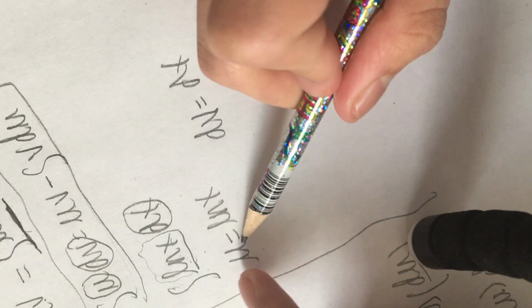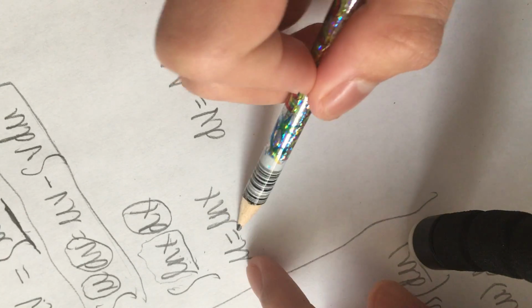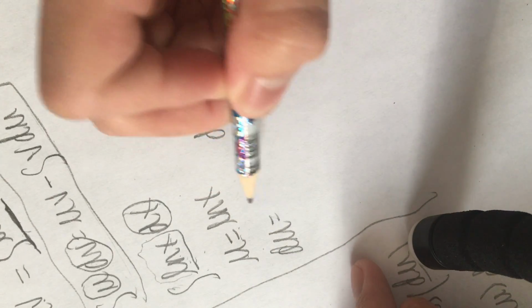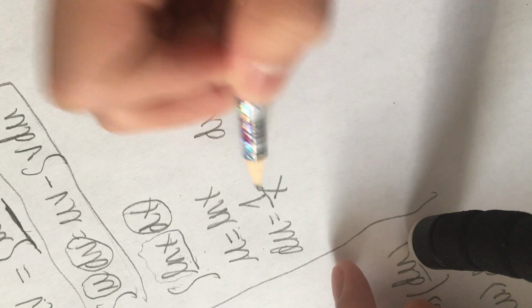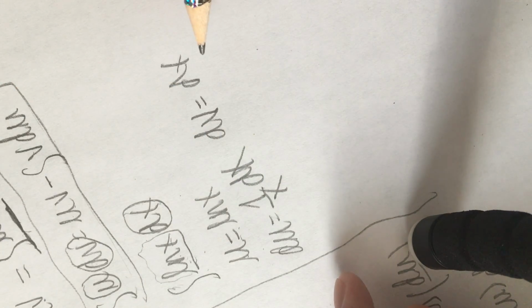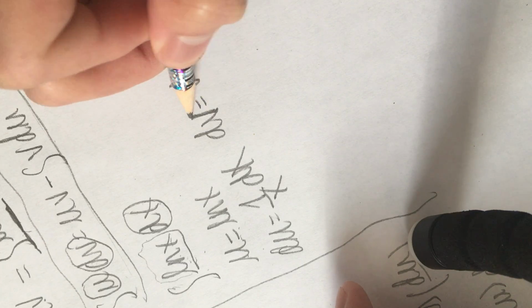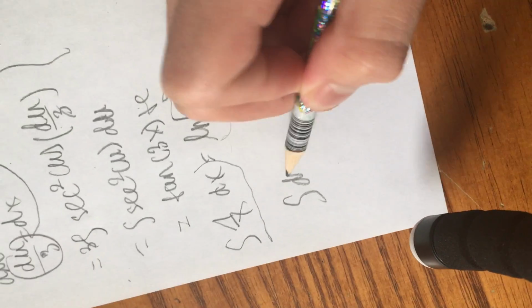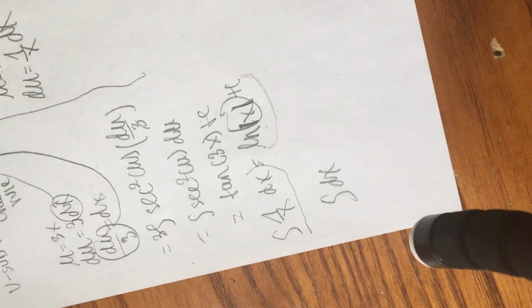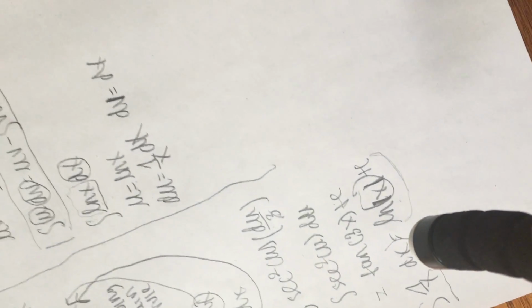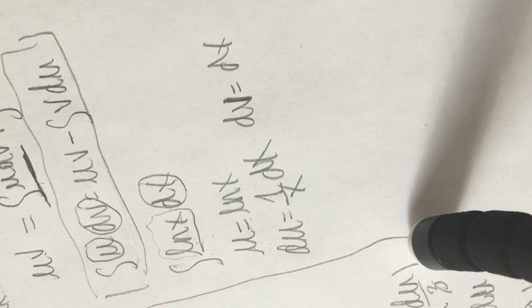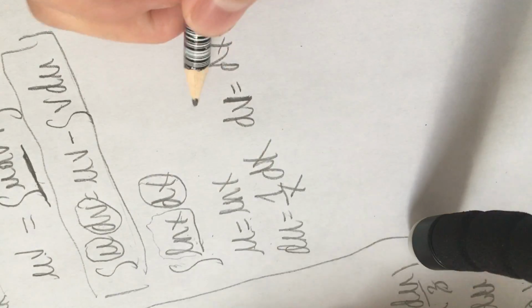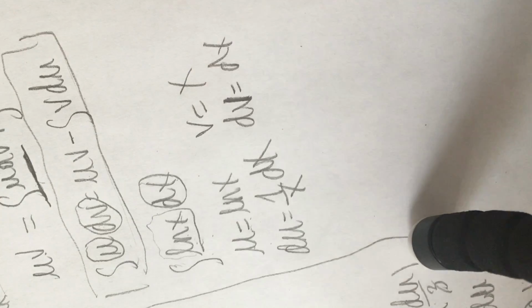Now, if you differentiate u, then you will get 1 over x dx. And if you integrate the dx, that's just x plus c basically, but it doesn't matter for integration by parts. You're gonna see why. Basically it cancels out, I'm not gonna explain, but it's just x.